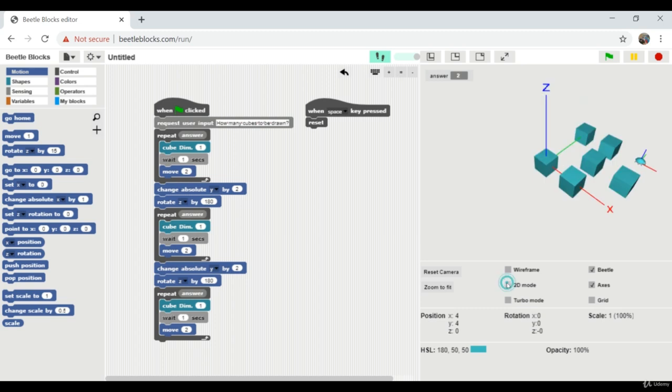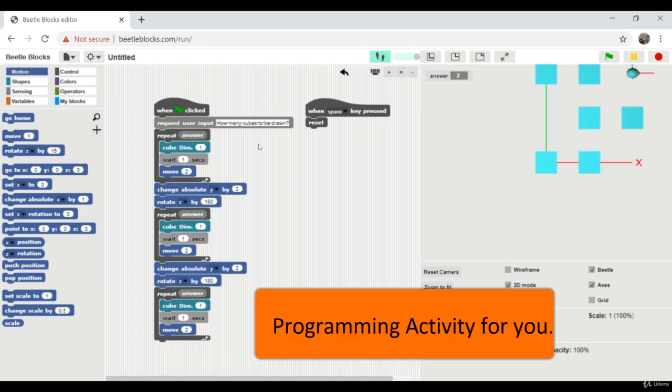If you see it in the 3D mode, you will see how complex these cubes look, the way they have been positioned, but the program has been very simple. Now the next step is to make this program smaller or shorter.